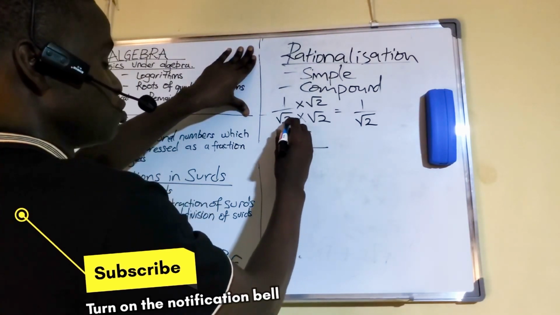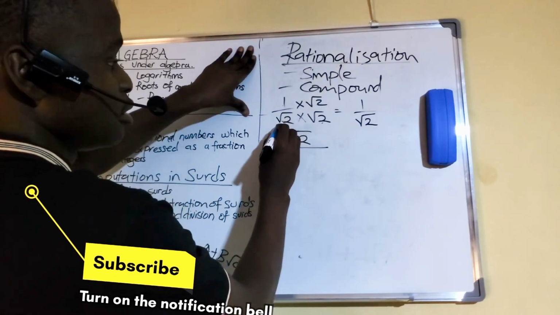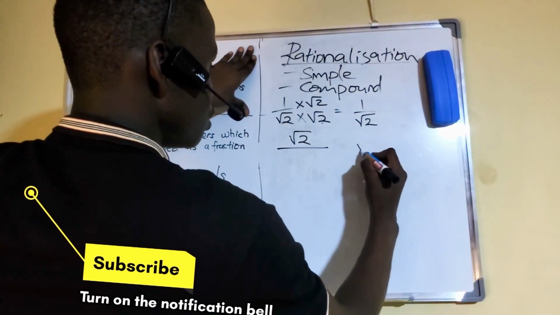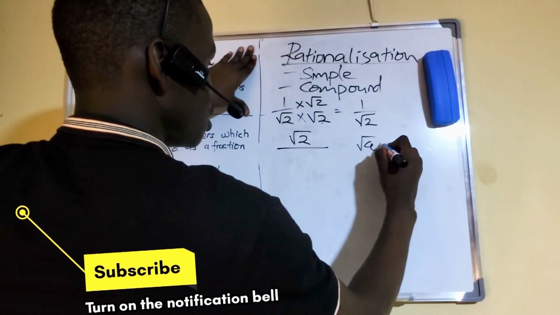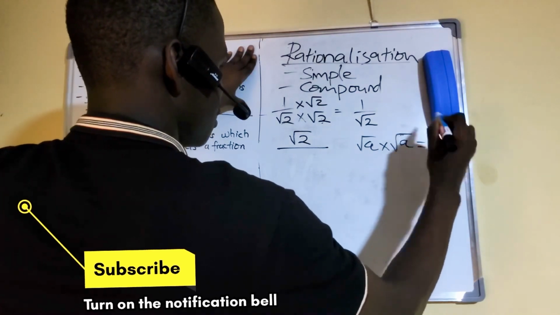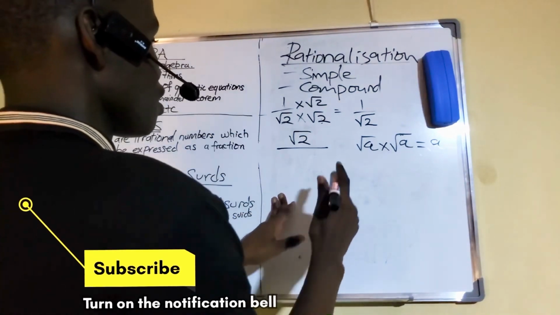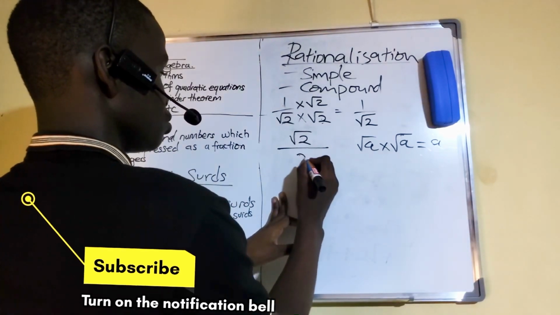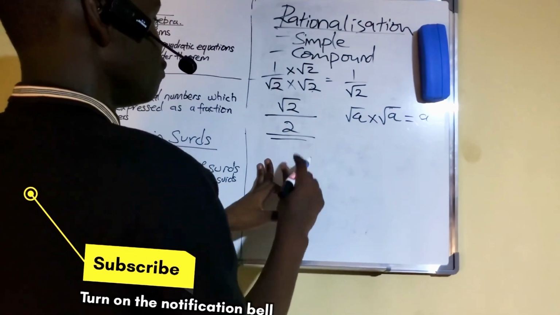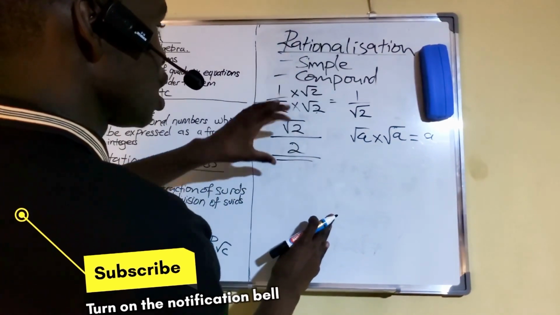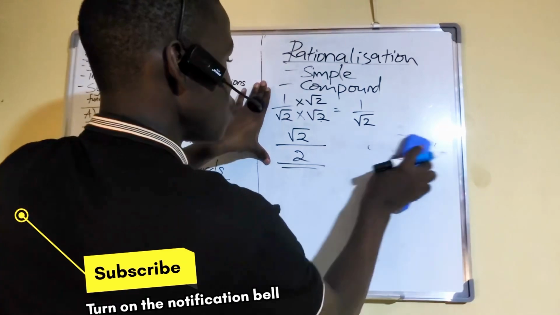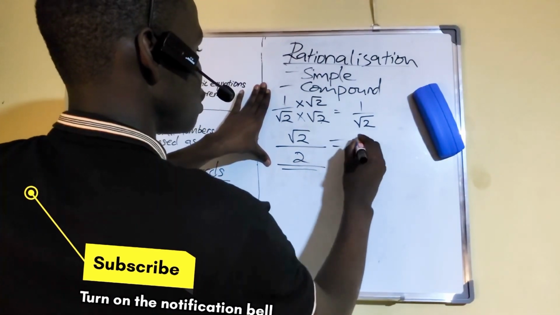Now we should remember the rules. I'm multiplying root 2 times root 2. If we can remember root a times root a, this gave us a. Now this should give us 2. Okay, now this is the simplified way of writing our fraction, which is 1 over root 2.